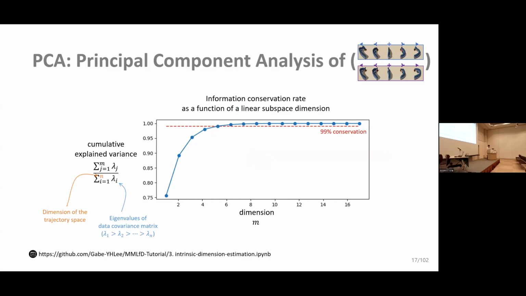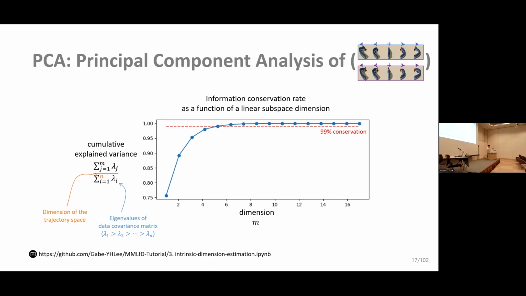Principal component analysis is a classic method for finding the minimum number of variables required to explain the variability in a data set. It identifies the linear subspace that best fits the data set. The PCA algorithm produces eigenvalues and eigenvectors, and we can compute the so-called cumulative explained variance, defined as the sum of the m highest eigenvalues divided by the sum of all eigenvalues.